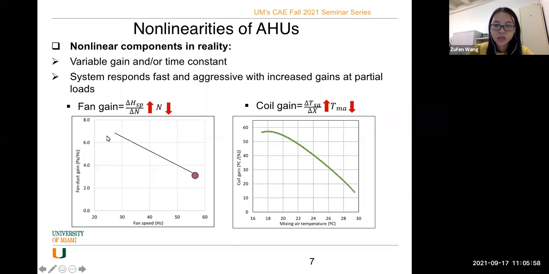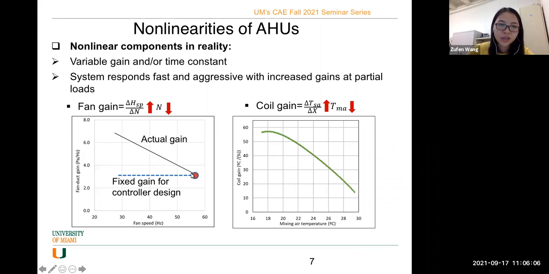But the controller is designed at a design condition by assuming that the system has fixed gain, when actually the fan gain goes this way, and finally the system will respond fast and aggressively with increased gains at partial load with lower fan speed.